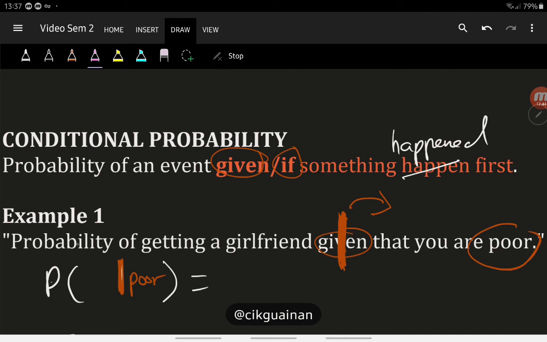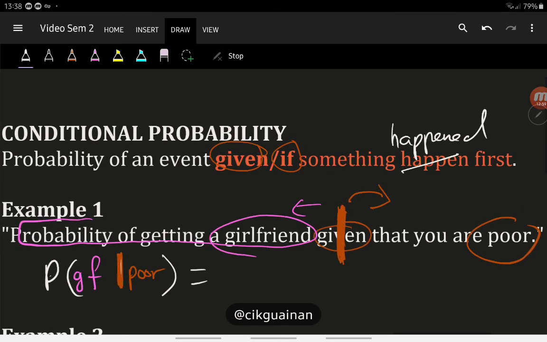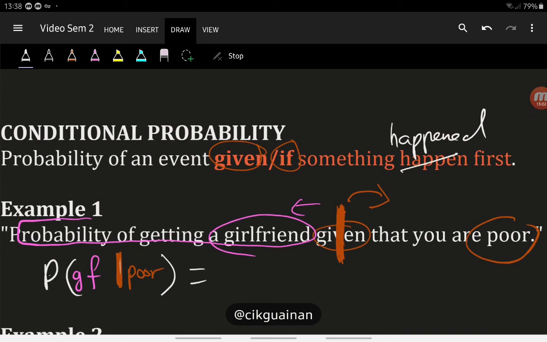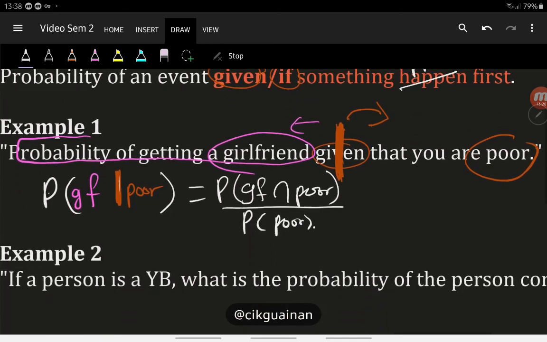The question is asking for the probability of getting a girlfriend, so the left hand side of the pole is the girlfriend. This is the way to write it. Right away from the question, you know how to write it, no need to think. Then we apply the formula: P(GF intersect poor), close, divided by the probability that you are poor.